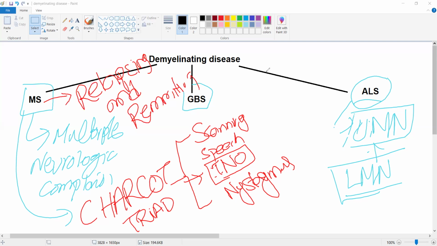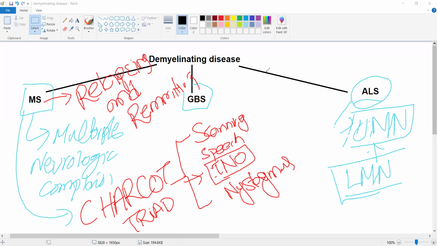Multiple sclerosis is multiple neurological complaints that are separate in time and space and are not explained by a single lesion. It presents mainly with scanning speech, internuclear ophthalmoplegia, and nystagmus, right? It may present with urinary retention, sexual and other problems as well.